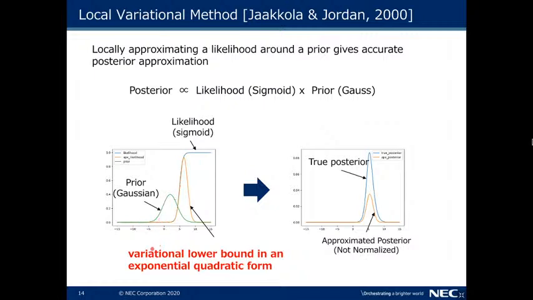Their method finds a variational lower bound in an exponential quadratic form. This is Gaussian. In the place where the prior exists, their method locally approximates the likelihood. They don't care about the place where the prior doesn't exist, like here. Using this Gaussian approximation, their approximated posterior very precisely approximates the true posterior.